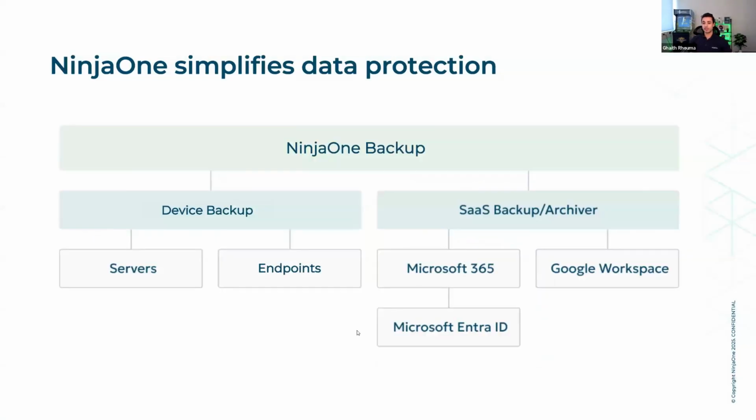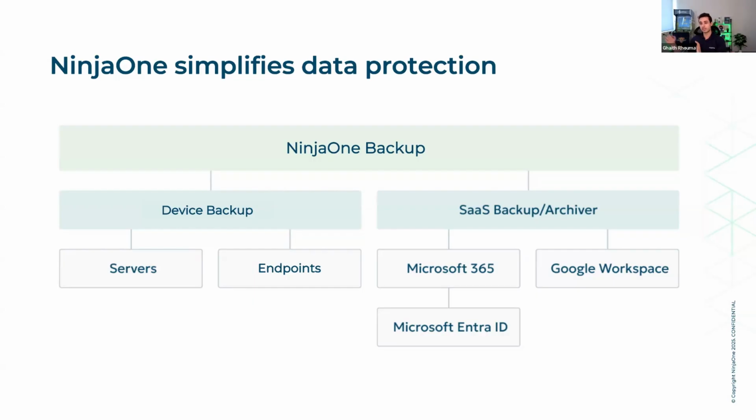Now, this diagram simplifies everything about backup in Ninja. So we have Ninja backup as a whole, and underneath it we have the two sides of things. As I keep on always mentioning, device backup, SaaS backup, archiving, right? Device backup, we're talking about endpoints, literally endpoints, servers, desktops and laptops.